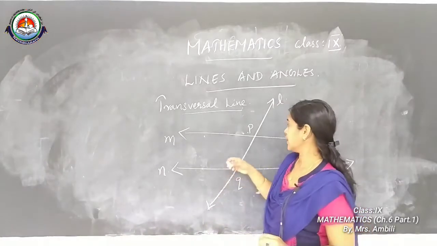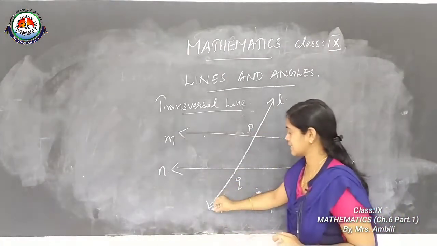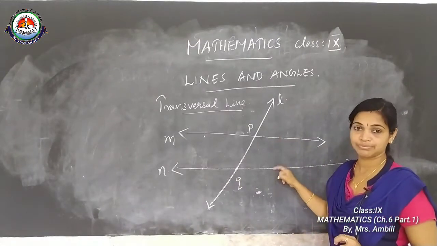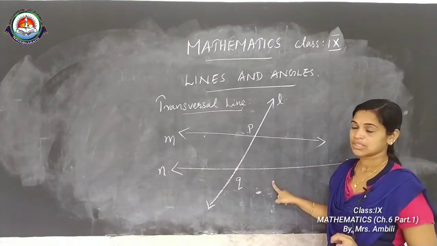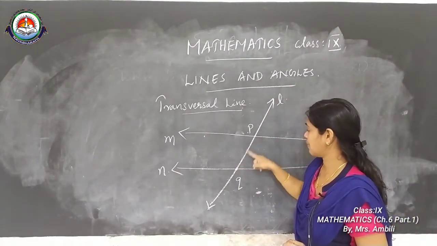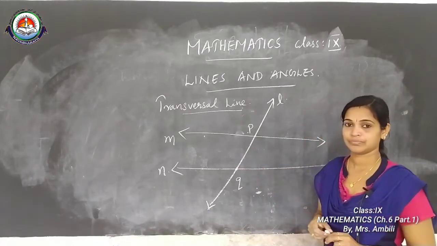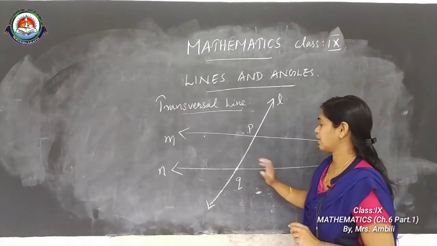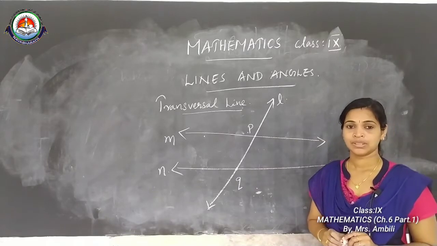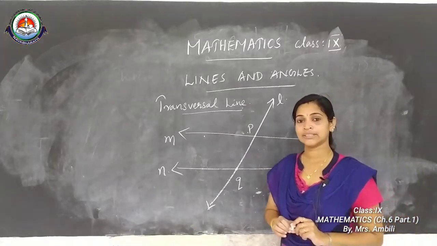If the transversal intersects these two different lines, at the points we marked P and Q, some angles are formed. How many angles are there?